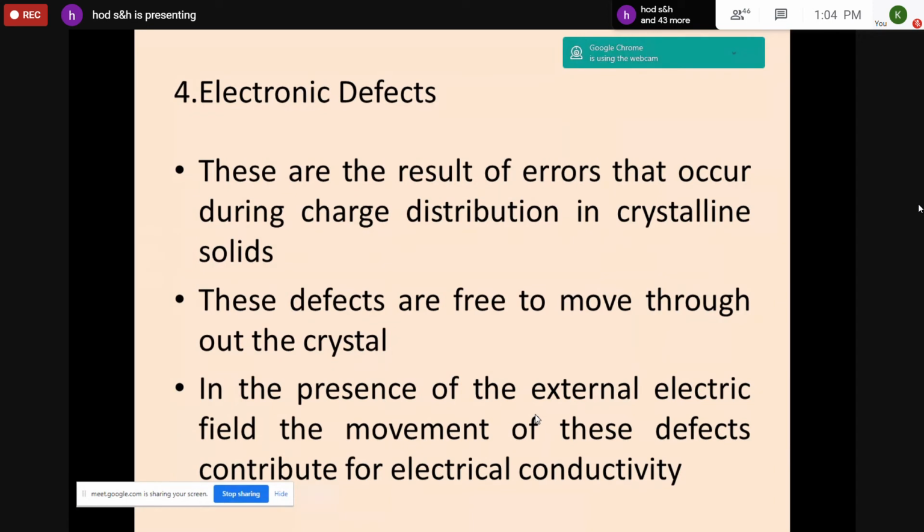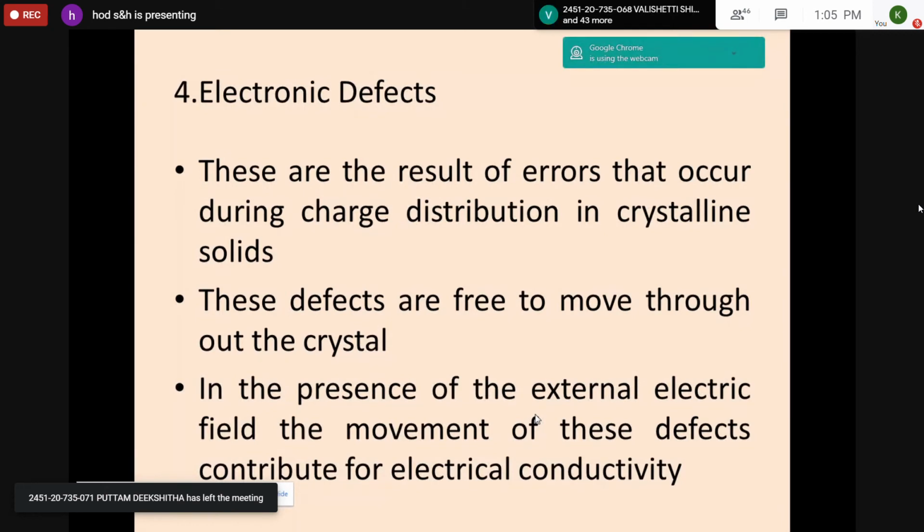These charge carriers can acquire a velocity so that in one direction they accumulate. All positive charges accumulate at one phase and negative charges at the other phase, which causes certain electrical potential, and in the presence of the external electric field, some electric current can be generated, which contributes to the electrical conductivity of the material.